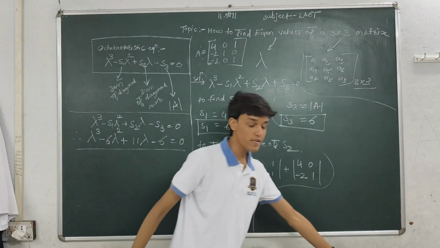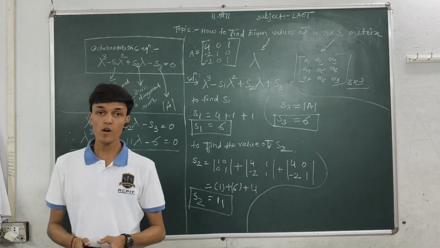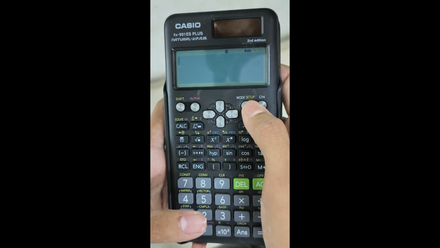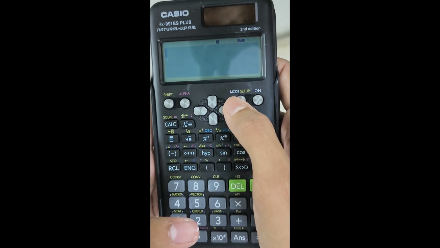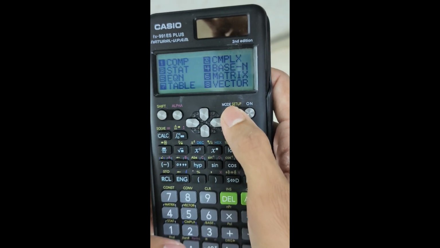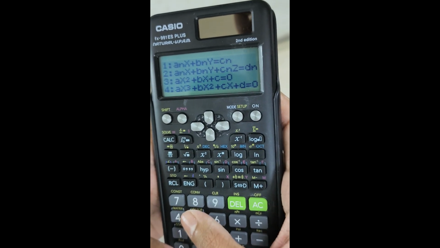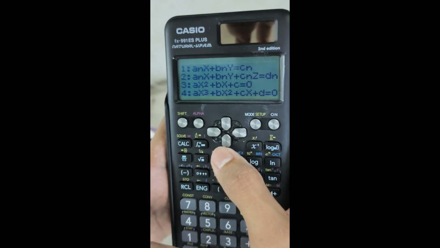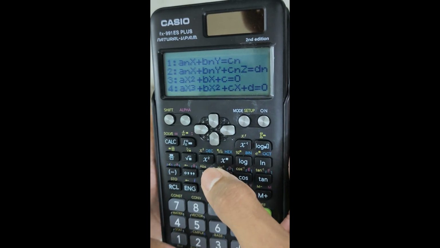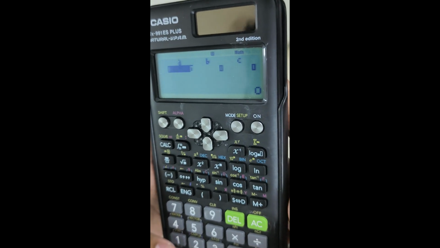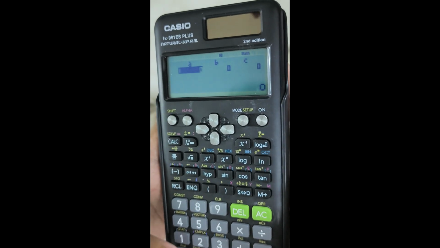Now just put this equation in the calculator. I'll show you how to put this equation in the calculator and get your final answer. For solving this equation, we have to go to mode, then select equation, then select the degree of your equation, whether it is cube or square. So we have the cube system, so we'll select that, then enter your values one by one.